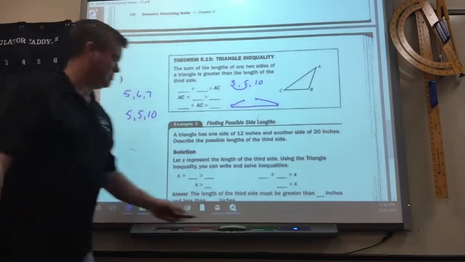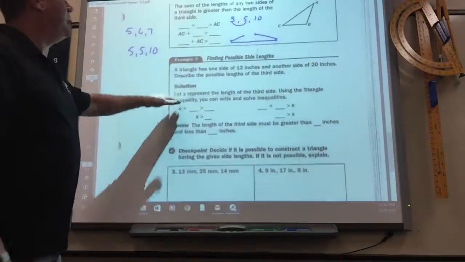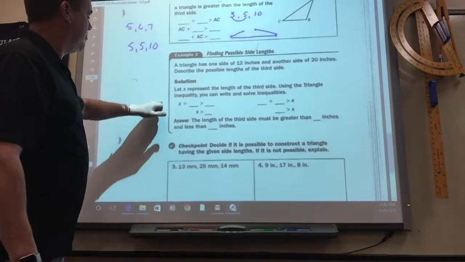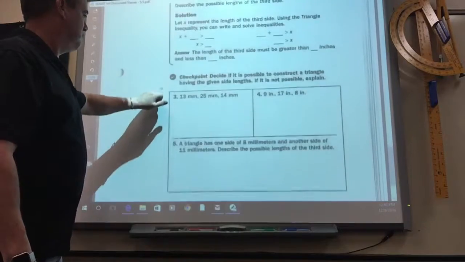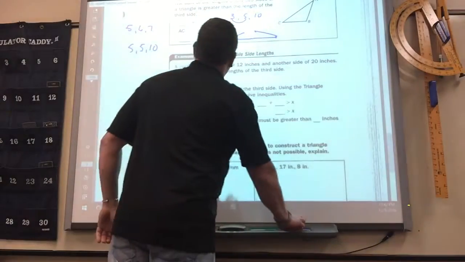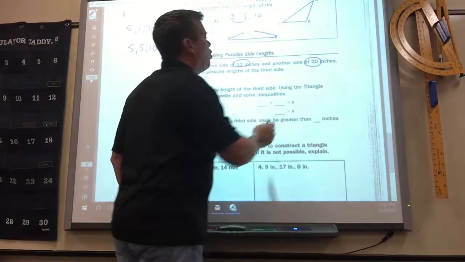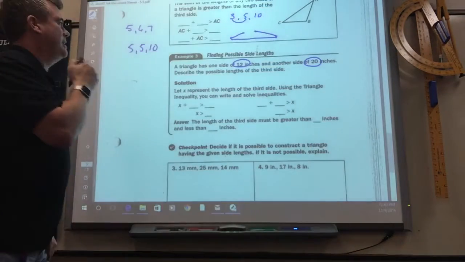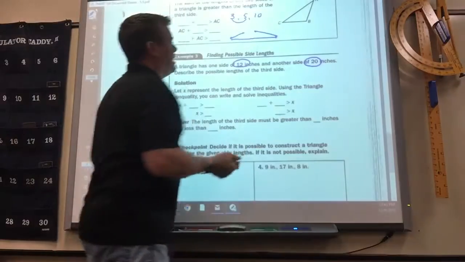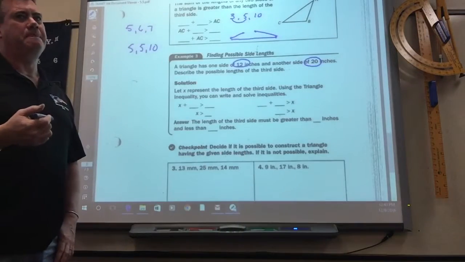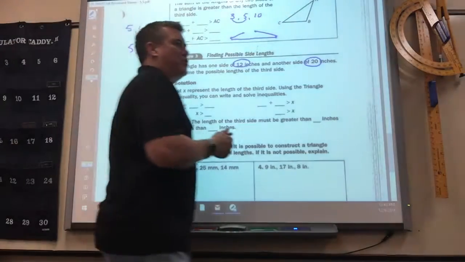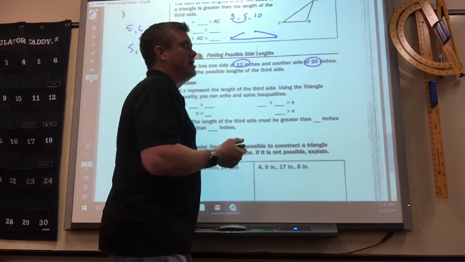Okay? Alright. So, here you got to think a little bit. We'll do this one. A triangle has one side that's 12 and another that's 20. What are the possible lengths of the third side? 33? Greater than 32.